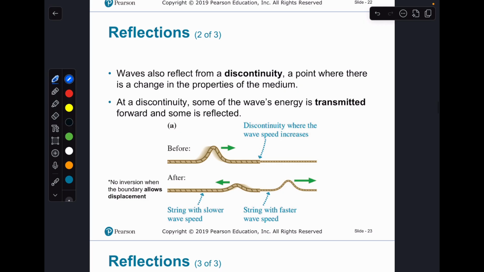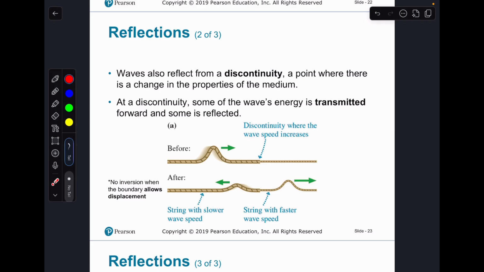So this can happen not only with a boundary, but this reflection can happen with a discontinuity. What I mean by discontinuity is, let's say we start with a thick rope and then it's connected to a thin rope. If we send in a wave pulse to the right, when it encounters this thinner rope, there is going to be a reflection and a transmission.